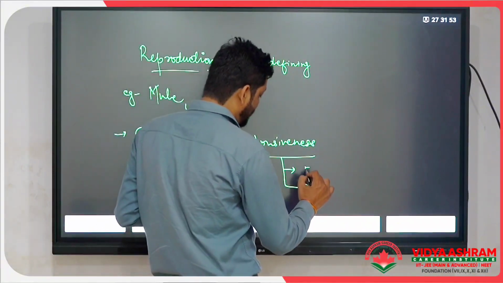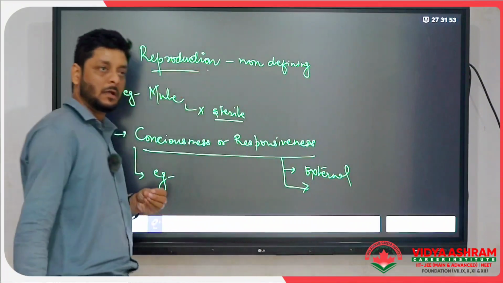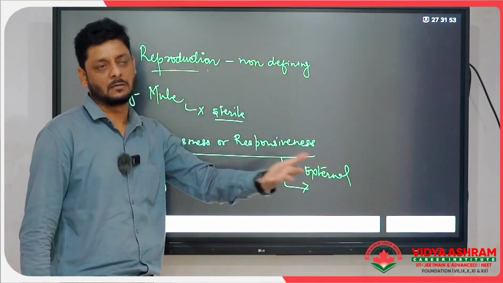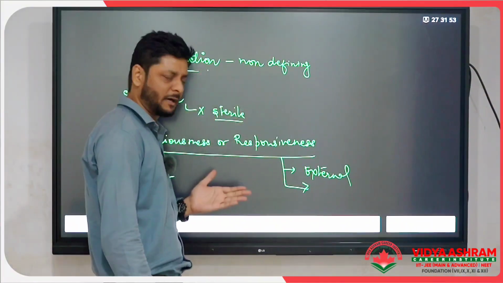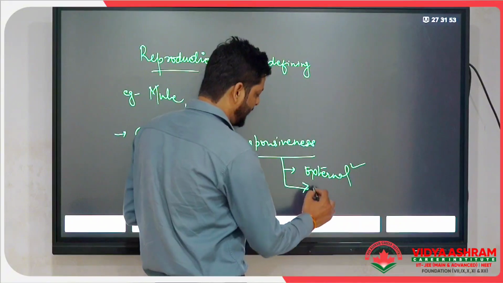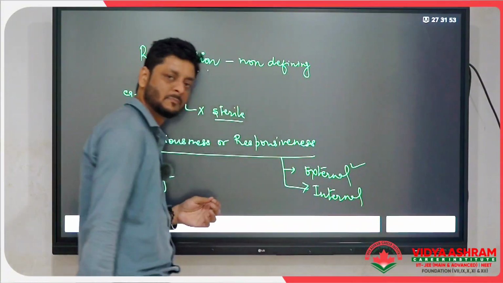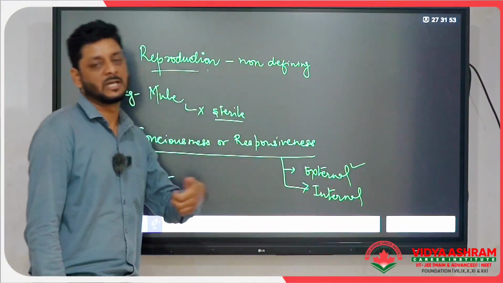Either it is the external response, how we respond to a certain change around our environment, that is externally, and internal also. So the response is of two types, the external response and the internal response.